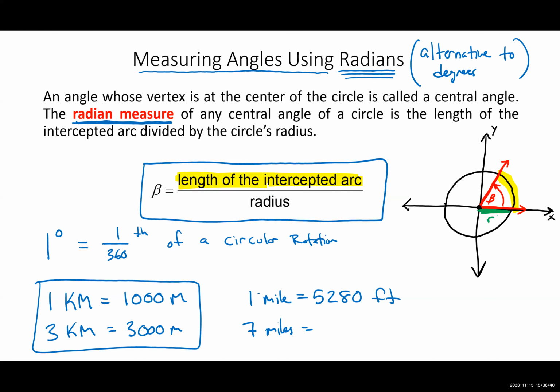That's the center. That's the radius, R. And our notation for the length of the intercepted arc, we're going to use the letter S. Lowercase s means arc length, the length of a portion of the circle.